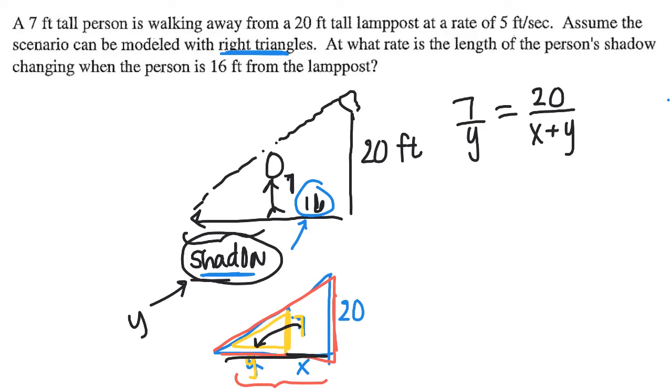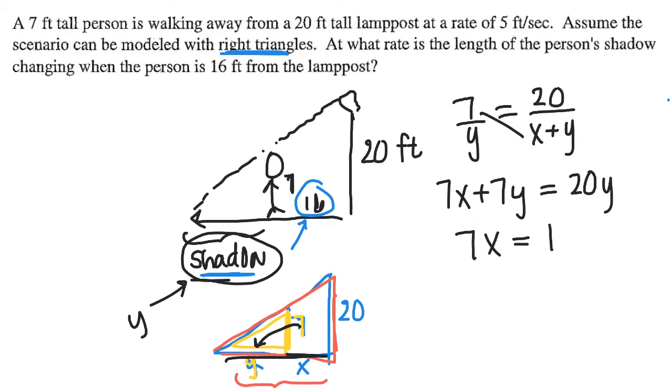So let's see if we can solve this. I'm going to cross multiply and distribute. So I have 7x plus 7y equals 20y. So 7x equals 13y.